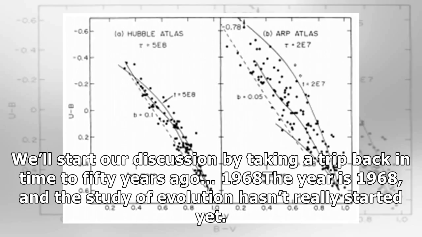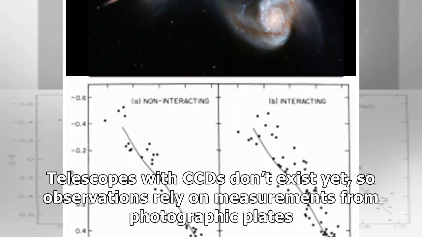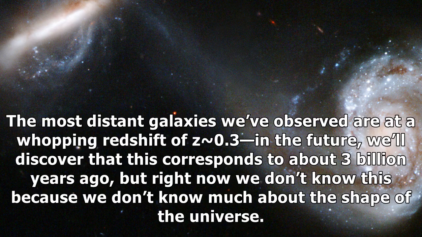We'll start our discussion by taking a trip back in time 50 years ago, to 1968. The year is 1968, and the study of galaxy evolution hasn't really started yet. Telescopes with CCDs don't exist yet, so observations rely on measurements from photographic plates. The most distant galaxies we've observed are at a whopping redshift of z approximately 0.3.